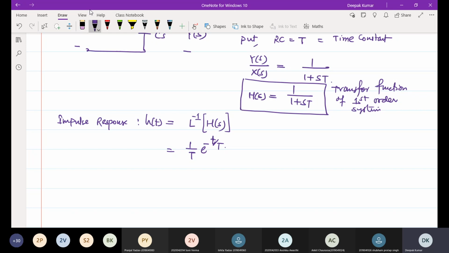Lateral students, please respond, tell me something, is it understandable how the inverse Laplace was obtained? Recall the previous concept that you have studied in mathematics. Lateral students, is anyone there? If not, then fine. If you study, I will discuss it later. Is it understandable? H of s, if you take 1 by T common, then 1 plus, what will this become?